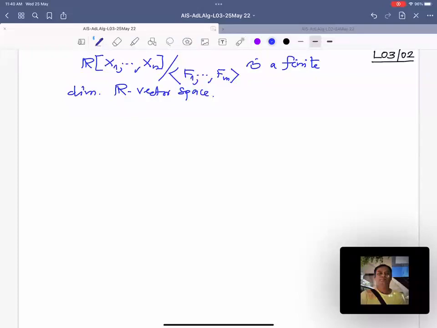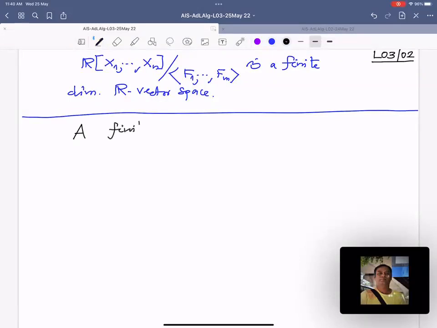So to simplify the notation, I will call A a finite algebra over a field K. I will do some of the things more generally, so that they don't apply only for real numbers, but they apply for an arbitrary field K. And when I say finite, that means finite dimension.